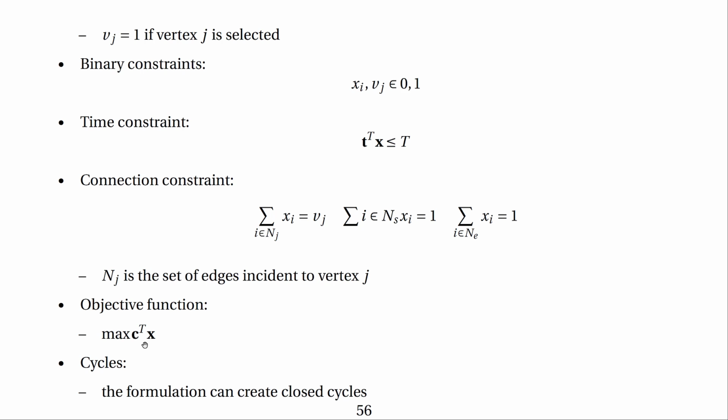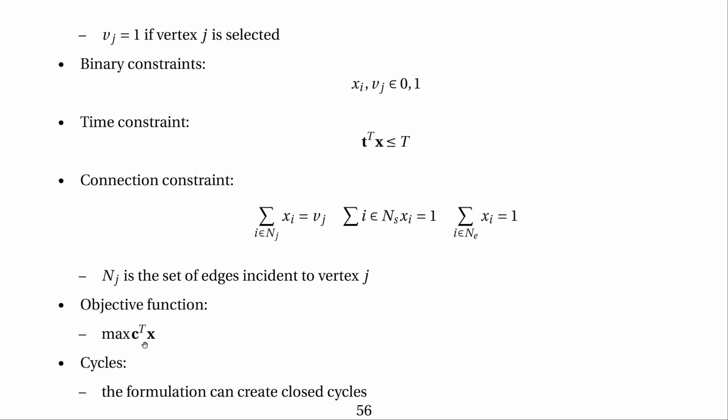Similar to the examples that we discussed before, minimum spanning tree and traveling salesman, this formulation can create cycles. They're again the same type of solutions that can be used. Similar to before, we could use some constraints that forbid cycles.